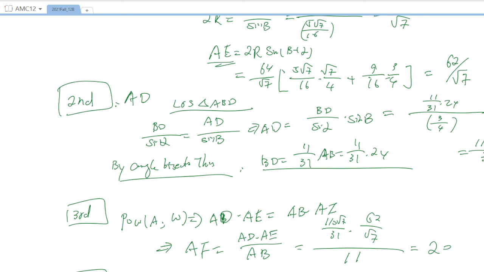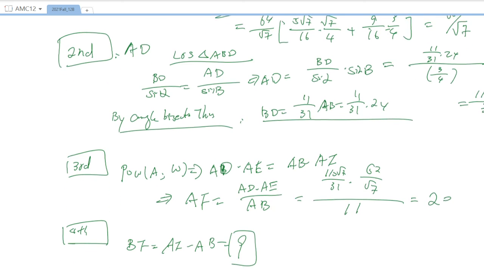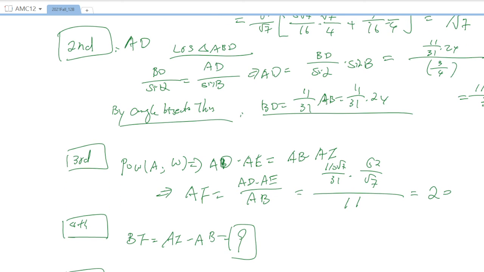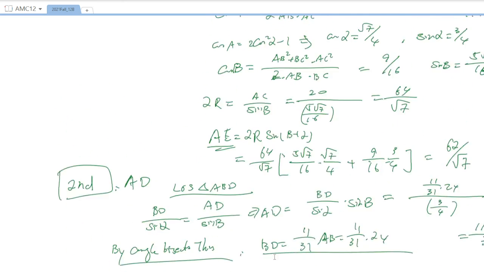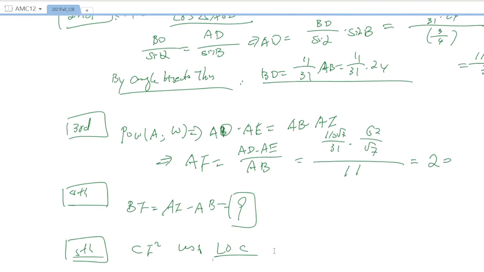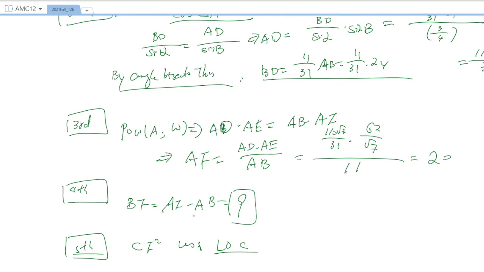Now the fourth step. Now you can see we have AF. So now we can do BF equal AF minus AB, which equals 9. The final step, very simple, right? The fifth step is solving CF square using the law of cosine on triangle BFC.